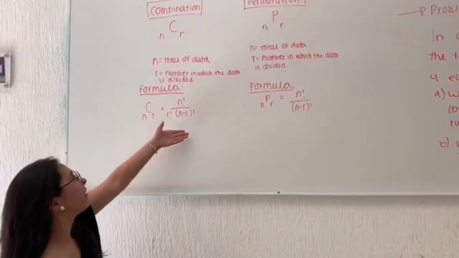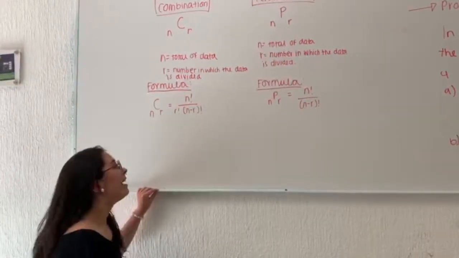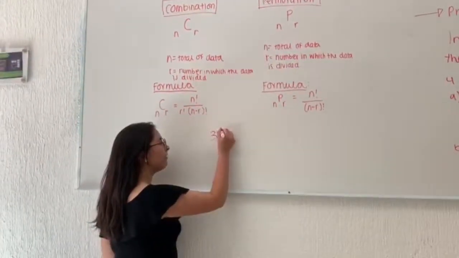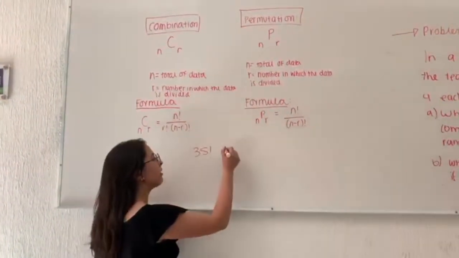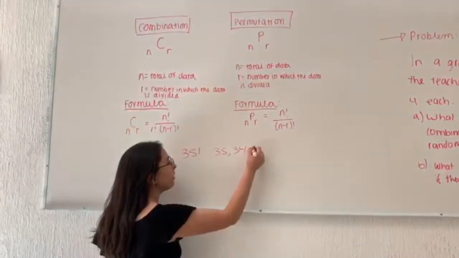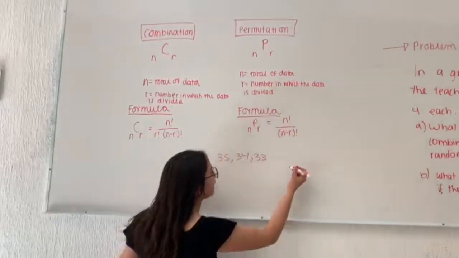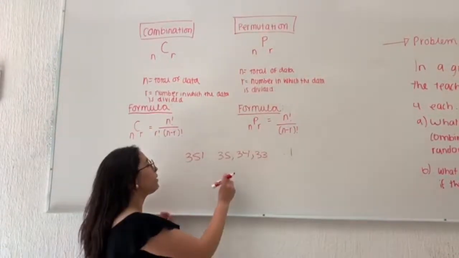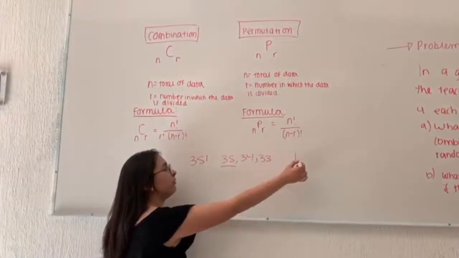The meaning of factorial in this formula, which is this symbol right here, is that if you have, for example, the number 35 factorial, you'd have to take into account 35, 34, 33, and so on until you get to 1. This means you have to take into account the set that goes from the chosen number down to 1.